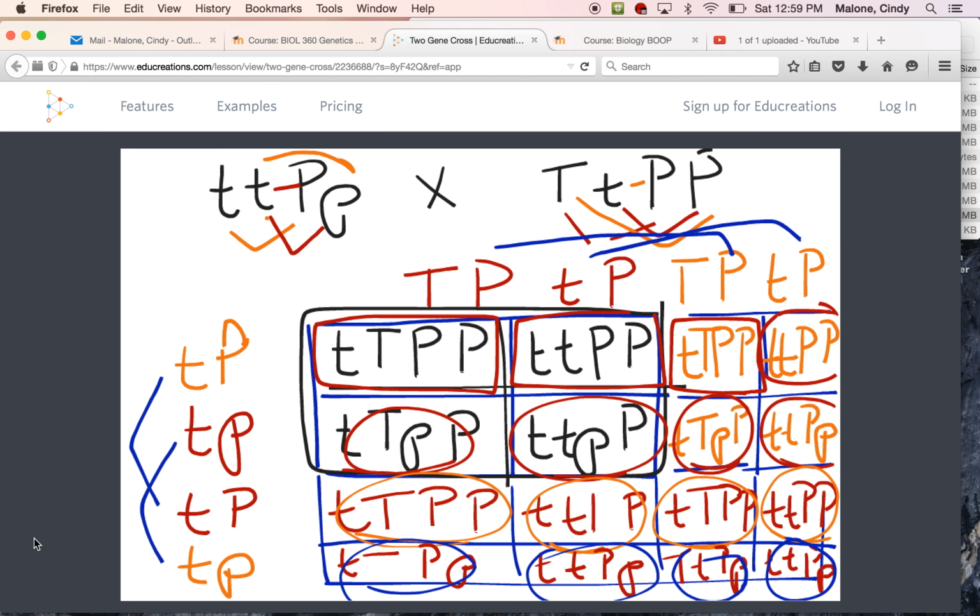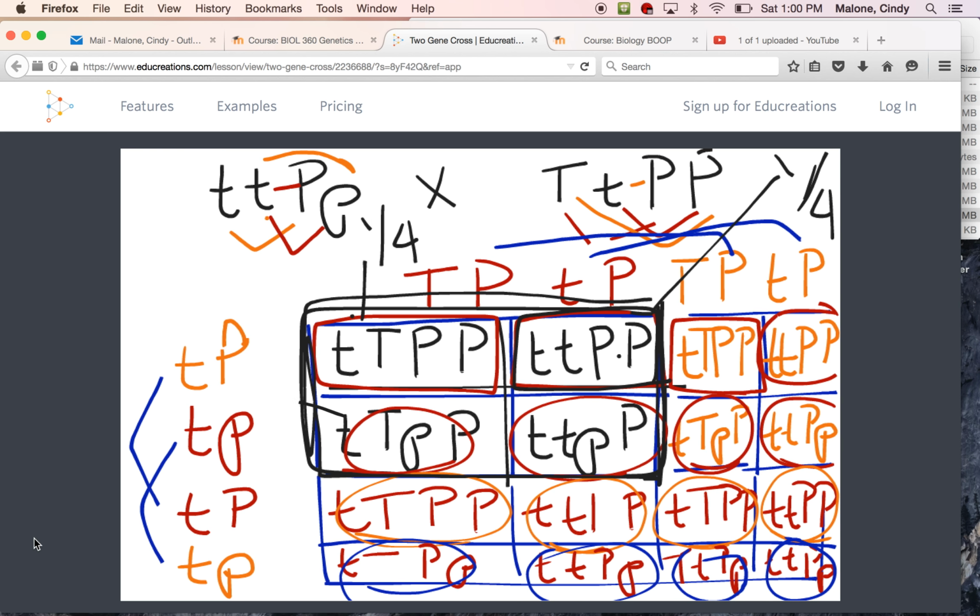So if you count them all up, in just our original square, which is really all you need to draw because the rest are duplicates, we have a 1 out of 4 chance of getting little t, big P. There's a 1/4 chance of this guy, 1/4 chance of this guy, and 1/4 chance of this last guy, which I have nowhere to draw.